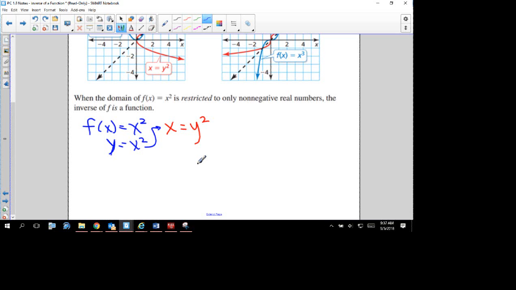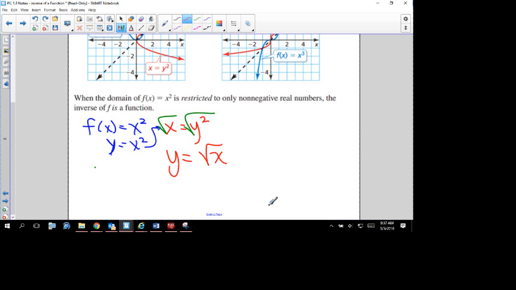Think? Square root of what? Both sides, yes. So by taking the square root of both sides, I'm going to get y equals square root of x.